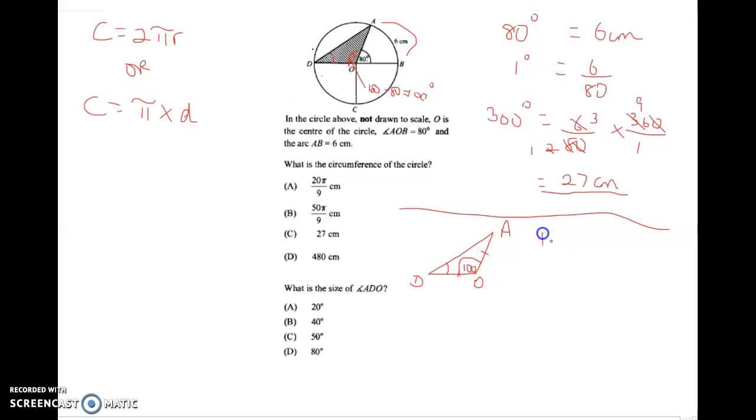So now 180 take away the 100 degrees is 80 degrees. And remember it's isosceles, so we have two equal angles. So 80 divided by 2, we get 40 degrees. So 40 degrees is this. So it's very simple. You just need to know what rules to use and how to apply them, right?